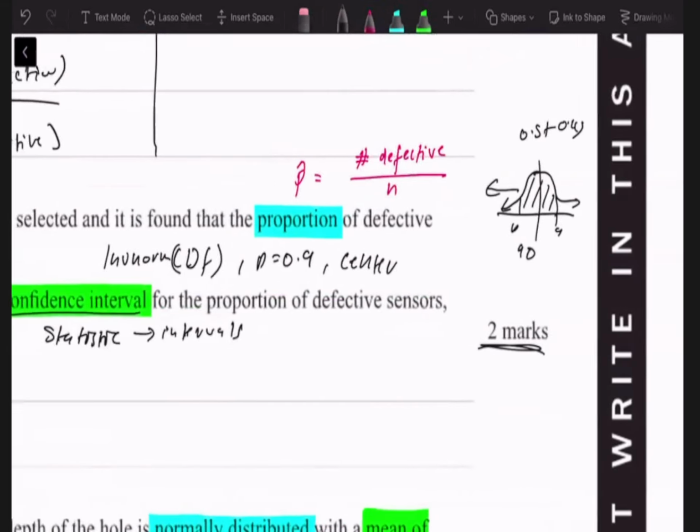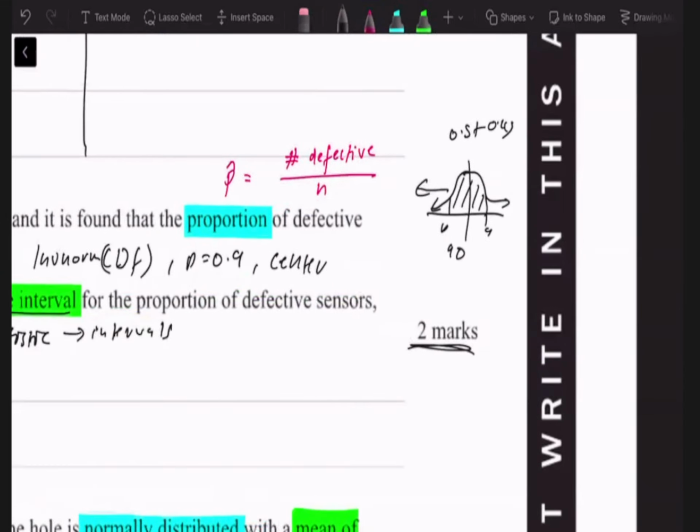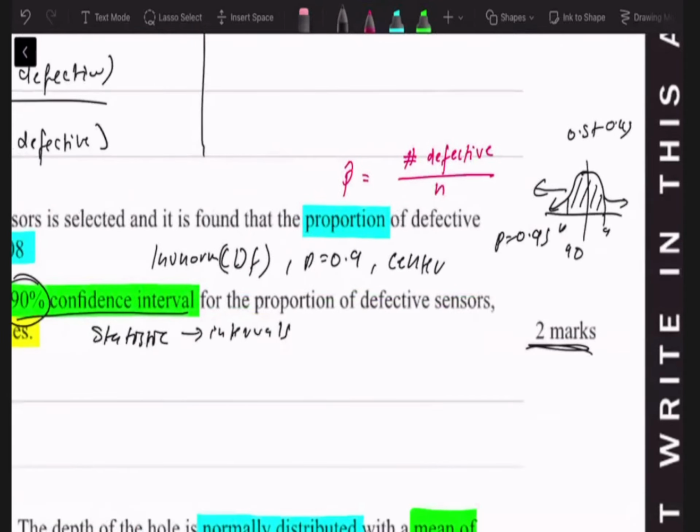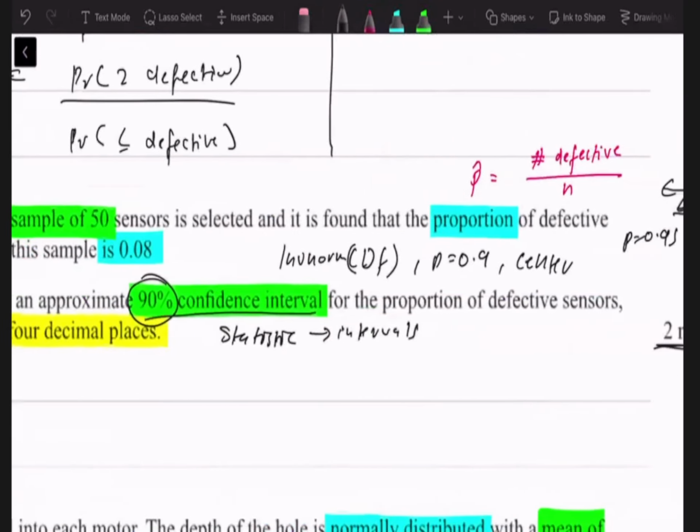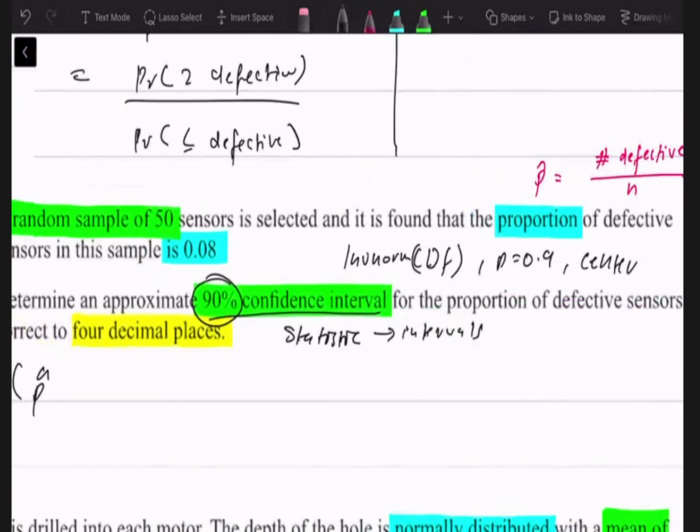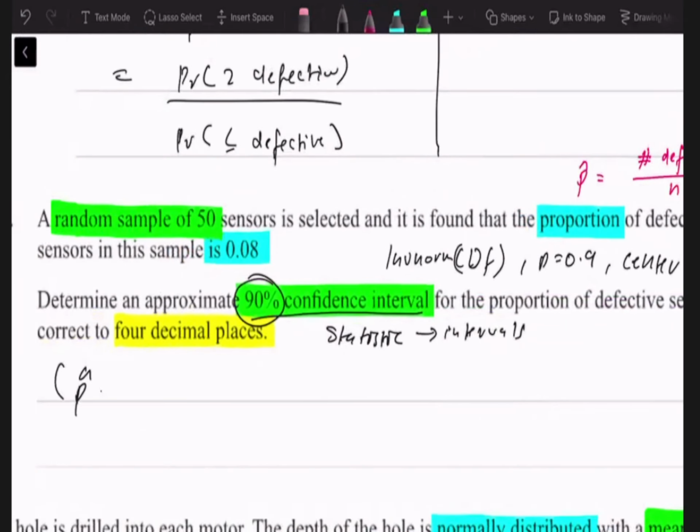If you have the black CAS, your probability is going to be 0.95 and your tail setting is set to left. Just put 0.95 and you should get the value. The value for 90% is approximately 1.64. So our confidence interval equation is this one.